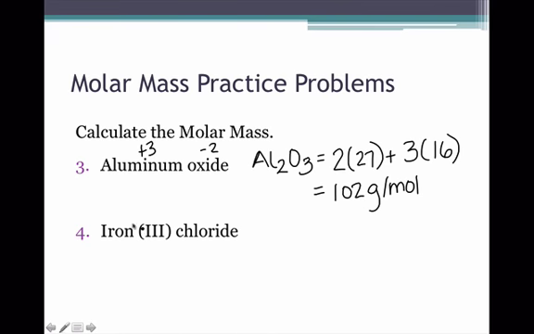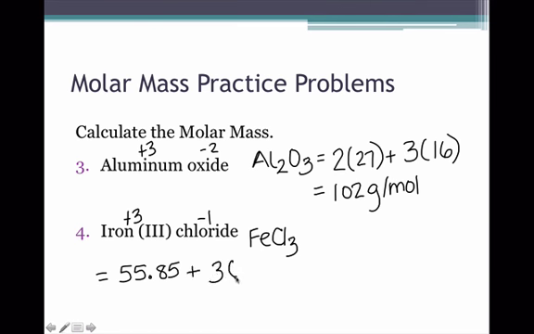The iron 3 chloride, iron is a +3 because of the Roman numeral, chlorine is a -1. So this is FeCl3. I look on the periodic table for iron and it's 55.845. A lot of times you just see that rounded to 55.85. And that is not within 0.1 of a whole number, so I've got to keep both those decimal places for iron.